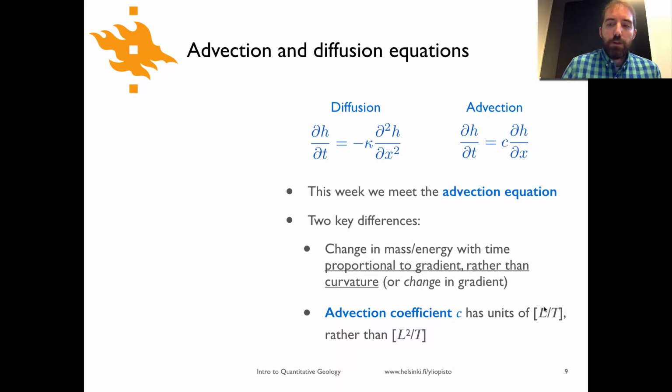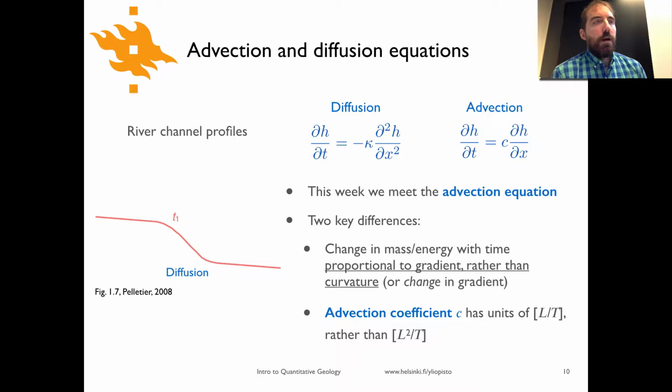So here we have units of length over time for the advection coefficient, and I'll probably make a point of saying something later that this is length or distance over time. This is basically a velocity. So it may not make sense just yet what this velocity means, but this advection coefficient has units of velocity in the case that we look at something like a hill slope.